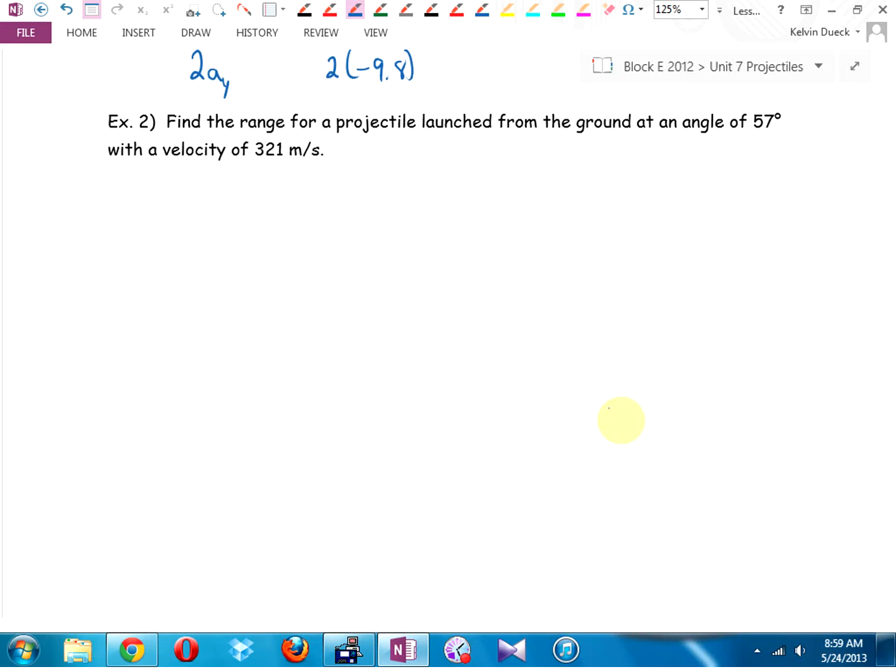Suggestions. How are we going to start? Dope. I've taught you well. Ground. Projectile. 57 degrees. 321 meters per second.